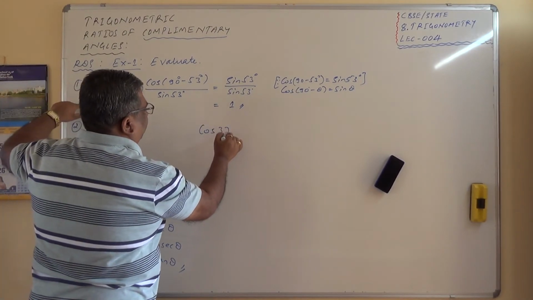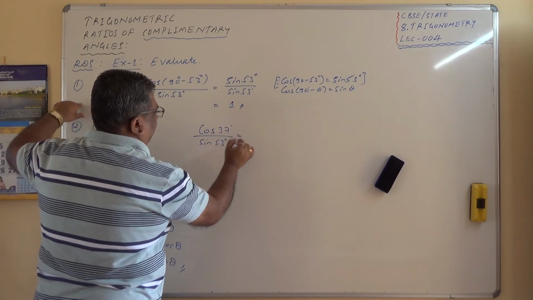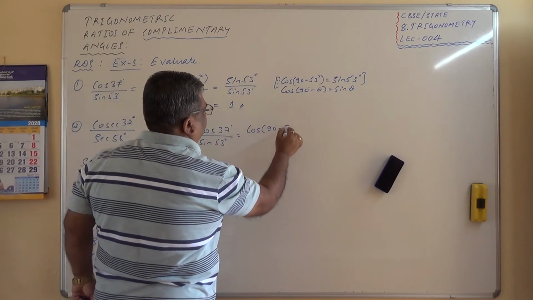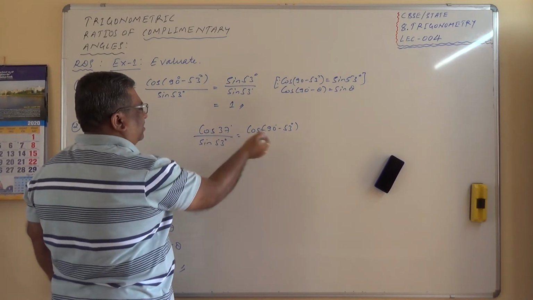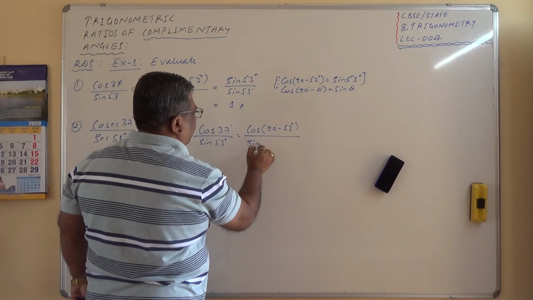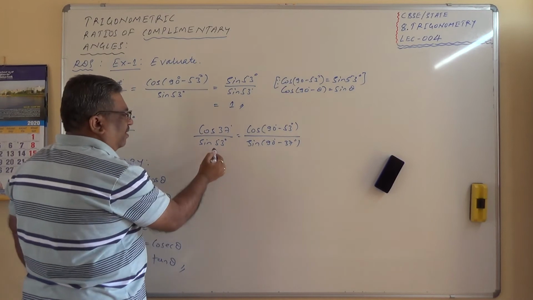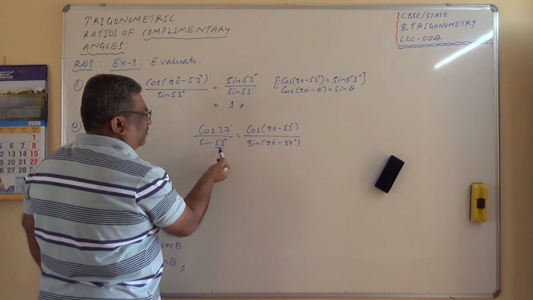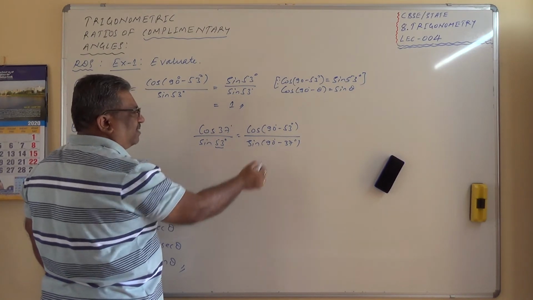Cos of 37 degrees by sin of 53 degrees equals cos of 90 minus 53 degrees, because 90 minus 53 is 37. Therefore, cos of 90 minus 53 is cos of 37 over sin of 90 minus 37 degrees, because 90 minus 37 equals 53, and sine of 53 is written as sine of 90 minus 37.